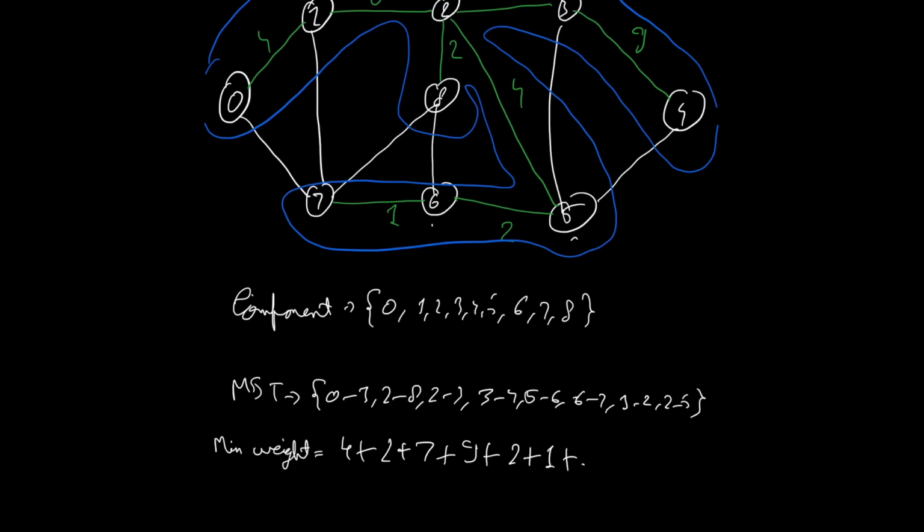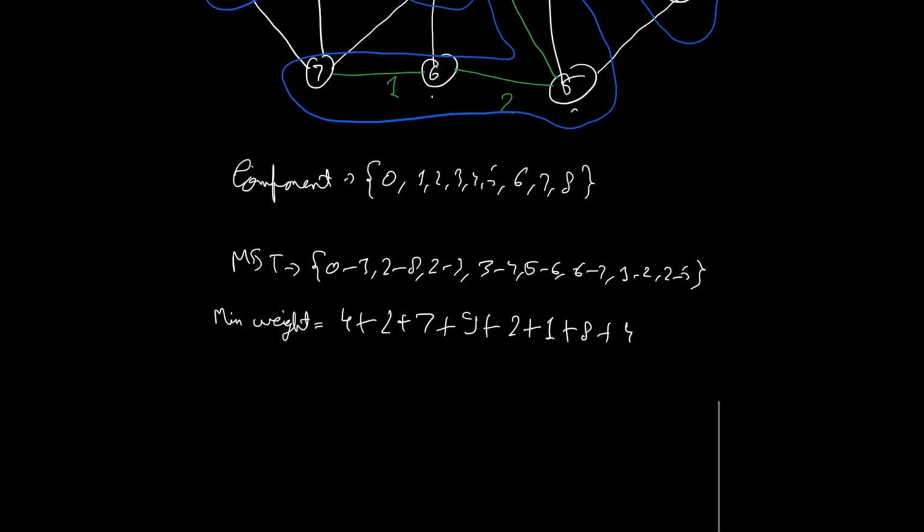For 1 and 2 we have plus 8, and finally for 2 and 5 is plus 4. So we get our total minimum weight as 4 plus 2 is 6, 6 plus 7 is 13, 13 plus 9 is 22, plus 2 is 24, plus 1 is 25, plus 8 is 33, plus 4 is 37. This will be the answer we will get.